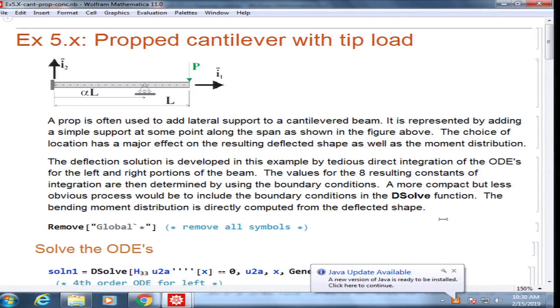And now what can we say about moments? Does the pin joint restrict moments? There is no rotational spring, so there should be moment continuity as well.